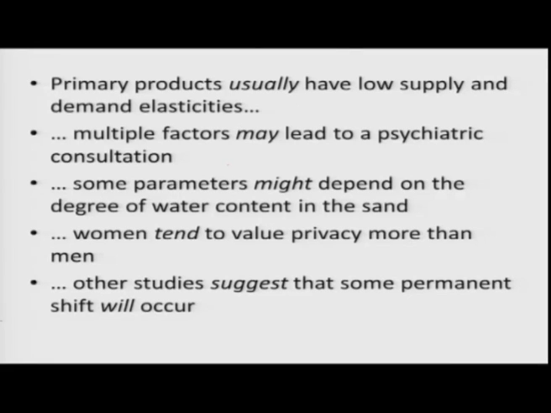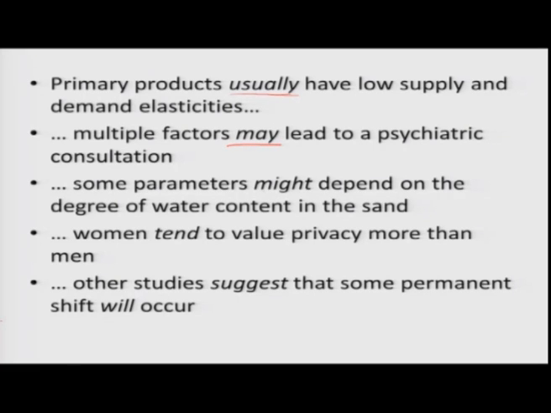Here are some sentences taken from articles. Let us look at these. Primary products usually have low supply and demand elasticities. Here, usually is the hedging device. Multiple factors may lead to a psychiatric consultation. May is the hedging device.